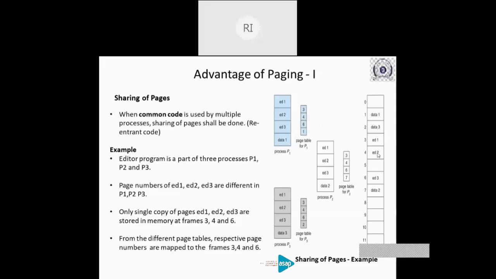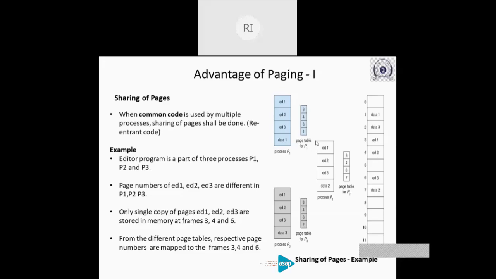Protection basically means the prevention of illegal access. Here, in the concept of paging, we can protect the frames from illegal access. In the page table, associated with every page, there will be a valid-invalid bit.